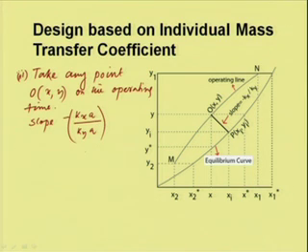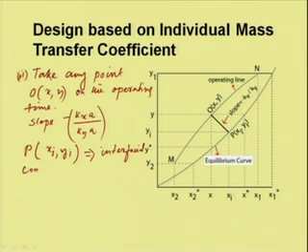With this slope, we can draw a line which intersects the equilibrium curve at some point P, which is x I and y I. This gives the interfacial concentrations corresponding to that x y value. This line O P is called the tie line.